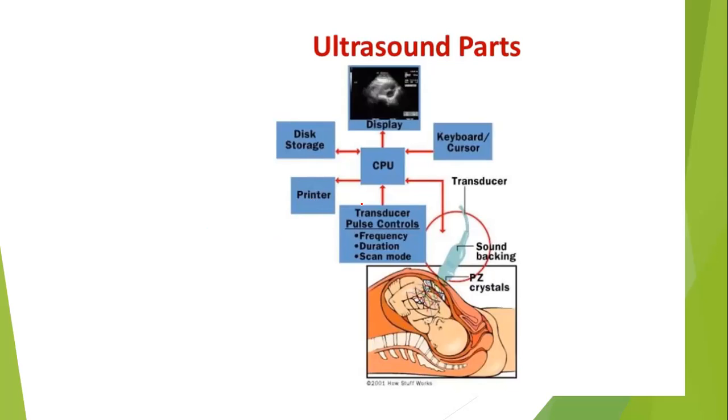We also have a printer, a transducer, the sound backing. This sound backing means that the ultrasound waves can bounce, right? And go to the sound backing, okay? The PZ crystals and the keyboard, the disk for storage, and the display, which would be the screen, right?